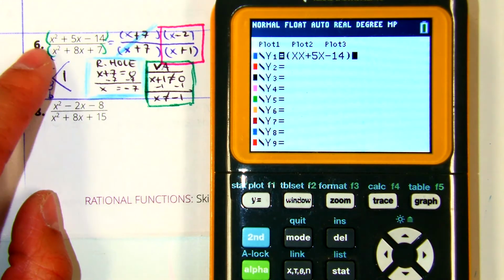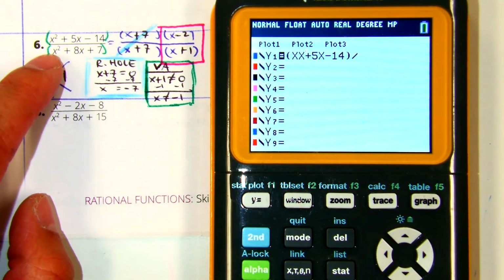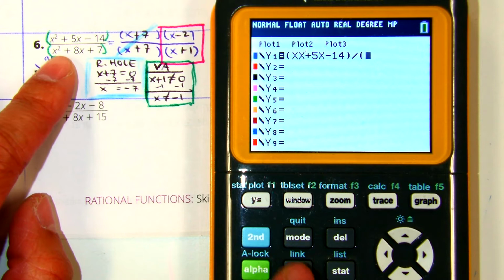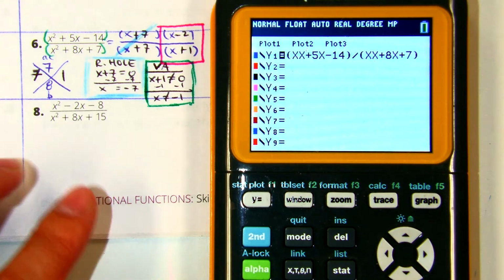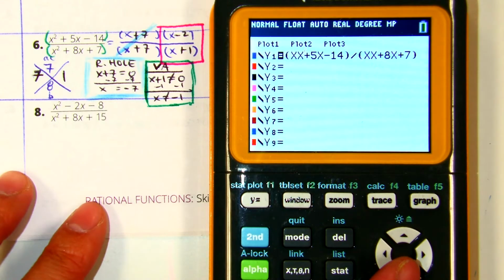The fraction line is division, because that's what a rational function is. Then parentheses x squared plus 8x plus 7. Now, if you're using Desmos, I'm not sure how you get to a next line. For my graphing calculator, I'm just going to press down.